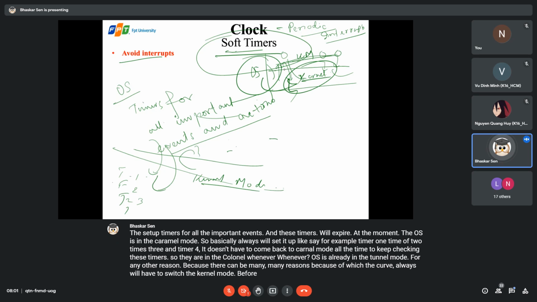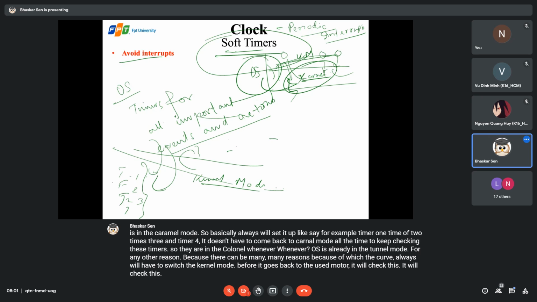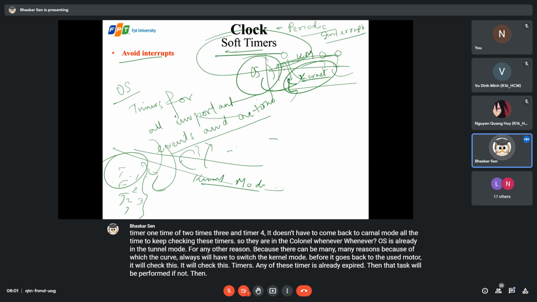Before it goes back to the user mode, it will check these timers. If any of these timers has already expired, then that task will be performed. If not, then it will simply switch back and wait until it has to switch back again.